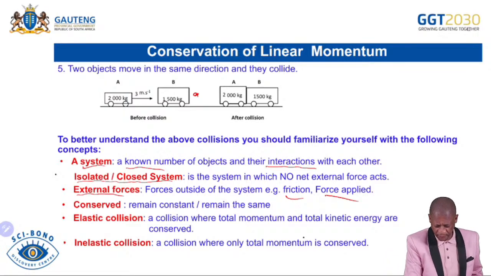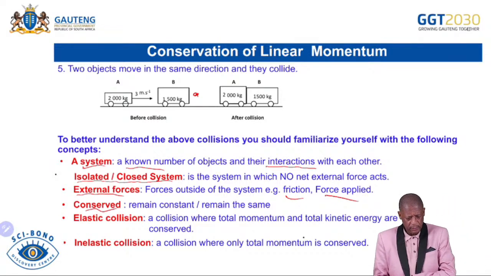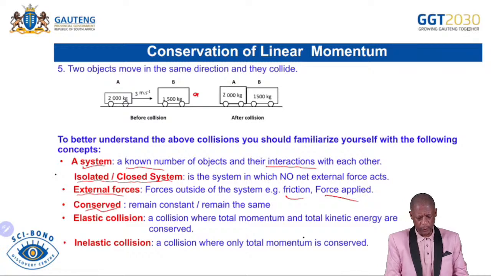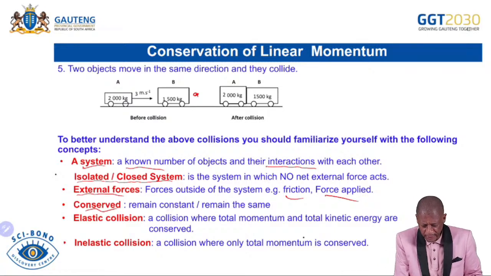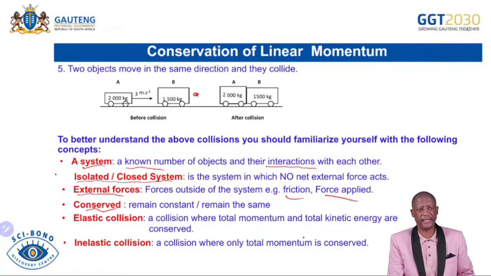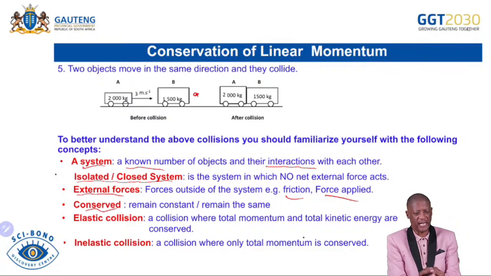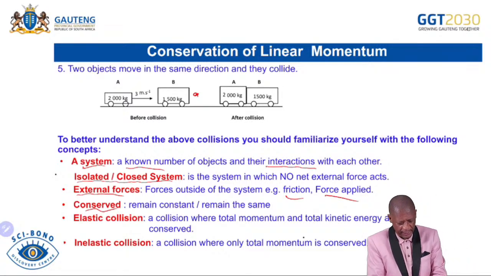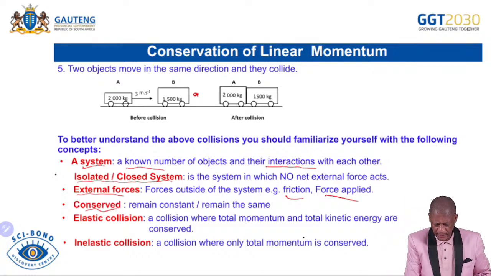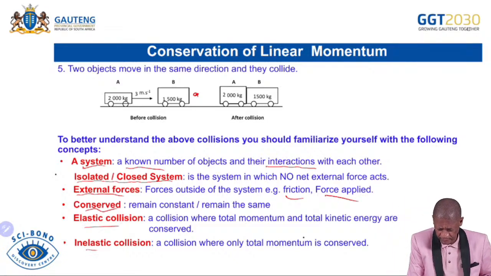We've got conservation of momentum. The term conservation means remain constant. If we conserve something, it remains constant or remains the same. So it means it doesn't change. Then elastic, I've mentioned elastic and defined it.